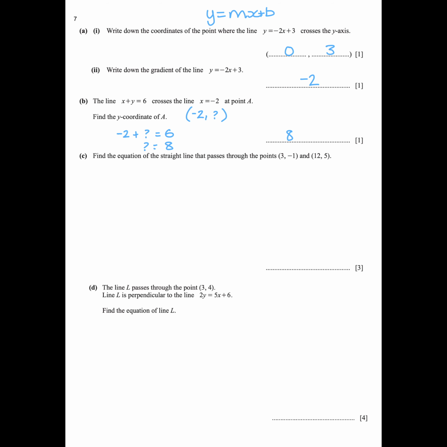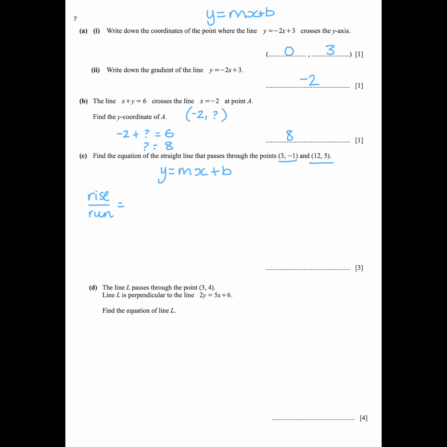Then I need to find the equation of a straight line, and it passes through the points (3, minus 1) and (12, 5). So again, we know that the straight line has the equation y equals mx plus b. To find the equation, we need to know the gradient, the m value, and the b value. First of all, finding the gradient between these 2 points is the rise over run.